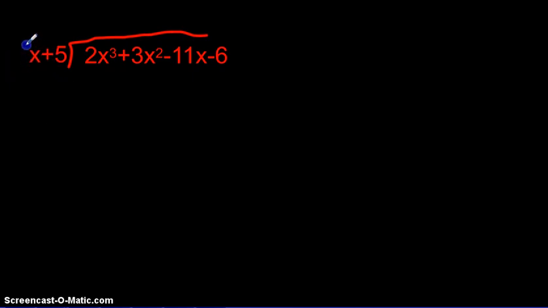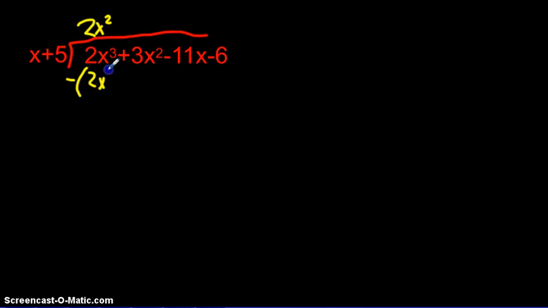So again, we're focusing mainly here. We can ignore that for now, and we're going to look at how many times it goes in here. So x goes into 2x to the third 2x squared times, again that's just this divided by this, or you could think of it as, what do I need to multiply x by to get this, same kind of idea. We multiply these and we'll subtract.